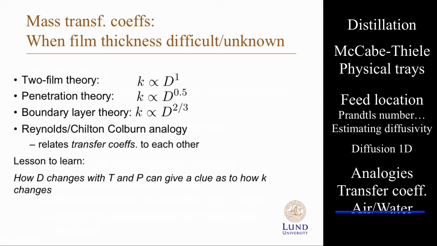And if you use Reynolds analogy or Chilton-Colburn analogy, you relate different transfer coefficients to each other. So if you, for example, have measured the transfer coefficient for momentum, you can use these analogies to translate that to, for example, a mass transfer coefficient.